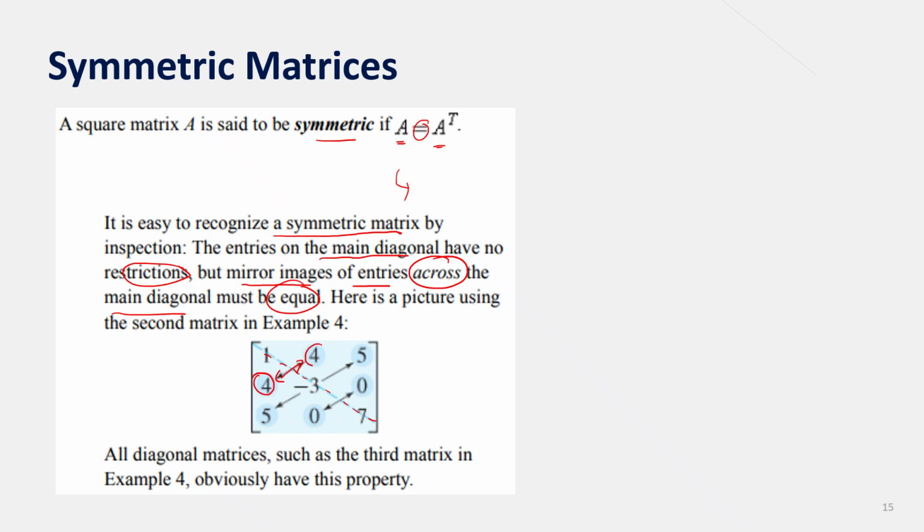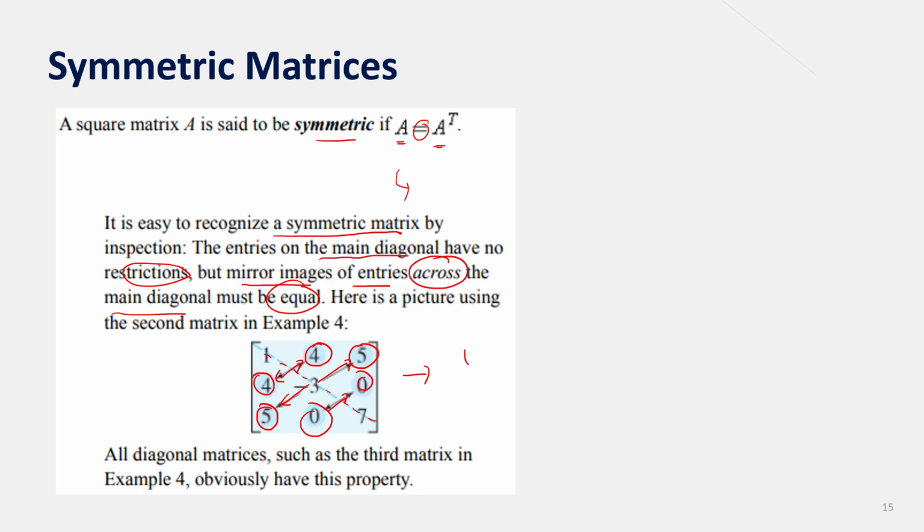For example, here you will have 4, here you will have 4. For the main diagonal, this one will have 5, and this one you have 0, this one you have 0. When you transpose this, the row becomes the column.